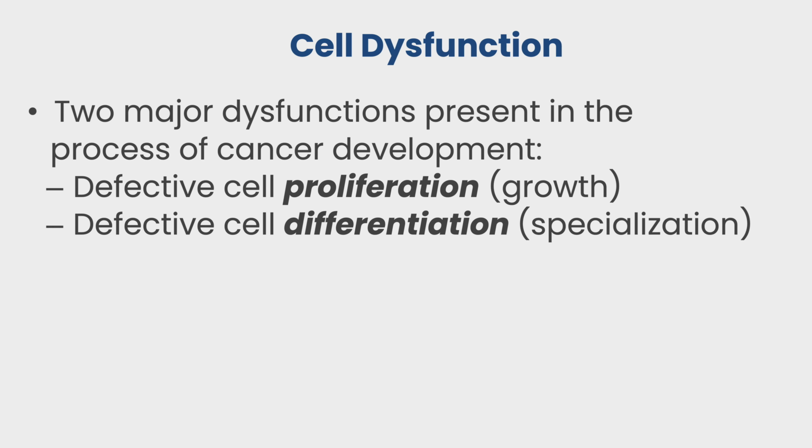Cancer development is driven by two major dysfunctions: defective proliferation and defective differentiation. Normal cells follow an orderly process of maturation and perform specific functions. Cancer cells, on the other hand, lose contact inhibition, growing over and between normal cells in what we call the pyramid effect.